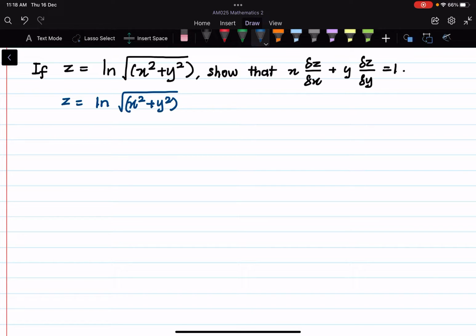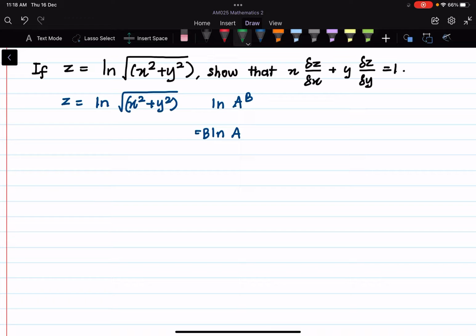So using the law of log, which is ln a to the power of b, we can write down as b ln a. We can bring the power b to the front.